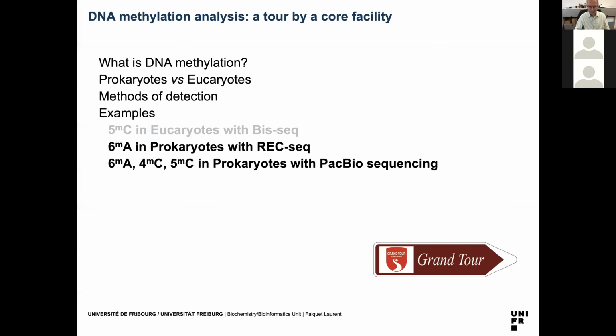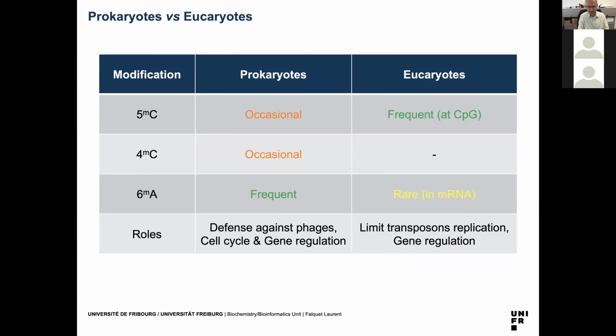Okay, so for this grand tour of DNA methylation, today I will concentrate mainly on the prokaryotic methylations, because I don't have too much time to speak about the rest. So to remind you about DNA methylation, there are three most important types: 5-MC, mainly in eukaryotes at the CpG islands.